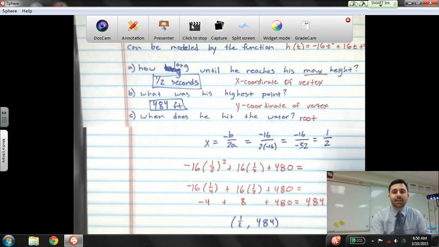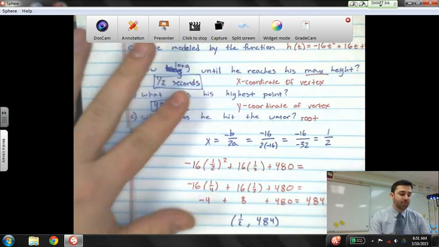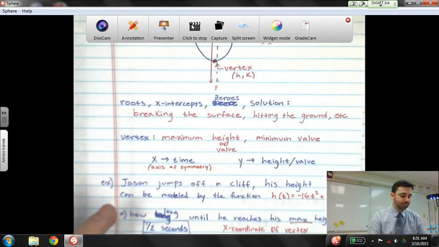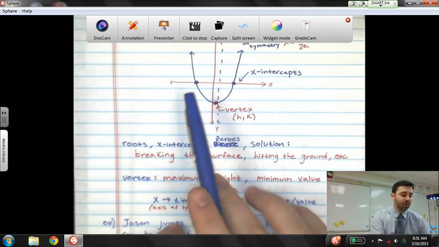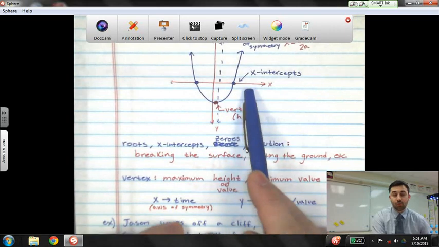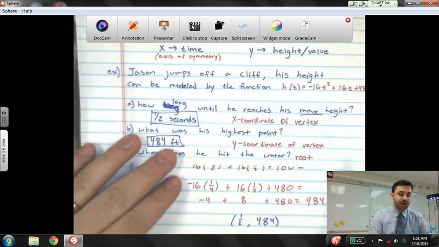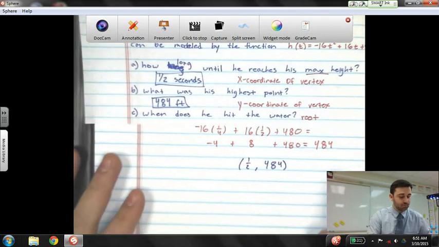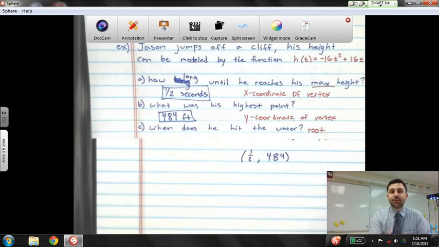The last part asks, when does he hit the water? And so if you remember back from the graph of the parabola, breaking the surface, hitting the ground, etc. are the x-intercepts, or the roots of my parabola. And so I'm going to try to find the roots, the x-intercepts, so that it will tell me the time it takes for him to hit the water, which we're assuming is at 0.